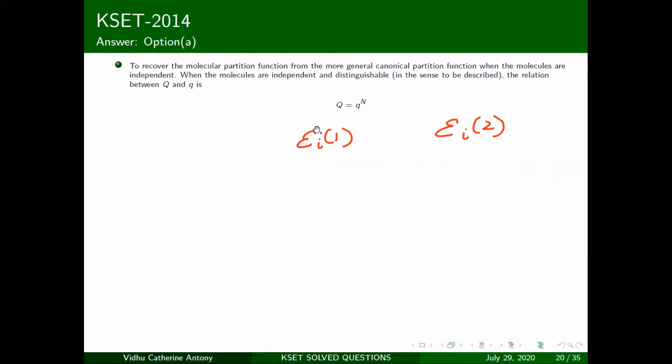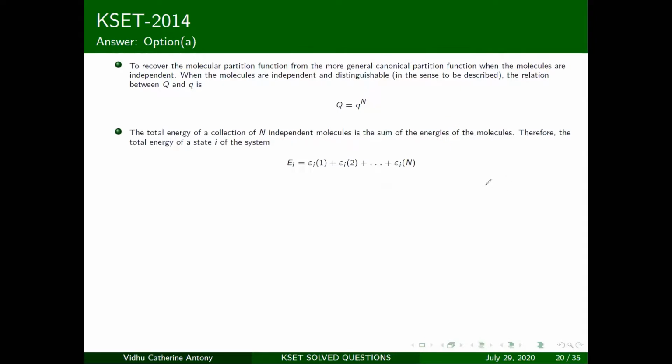So let's just look at this. The total collection of your n independent molecules has energy that is the sum of the energies of the molecules. Therefore the total energy of the system in state i can be split up. You remember that you wrote Z is equal to the sum of e to the power of minus beta E_i. That E_i is basically this.